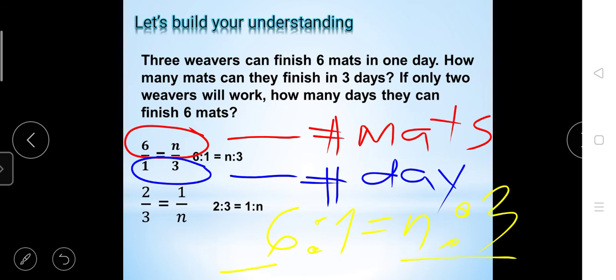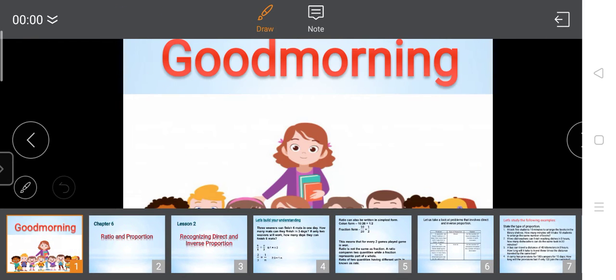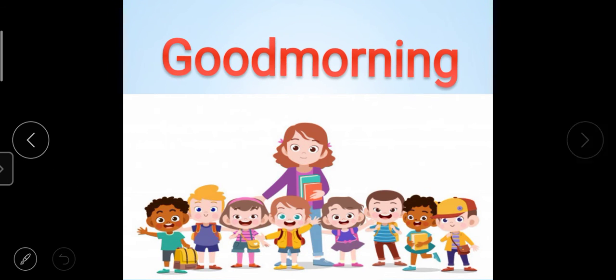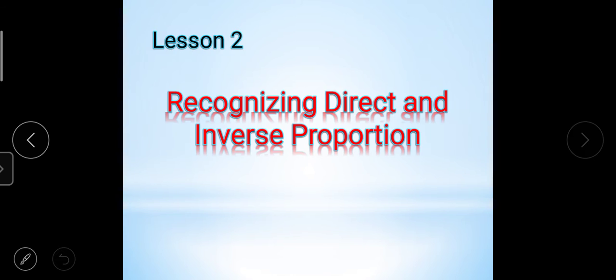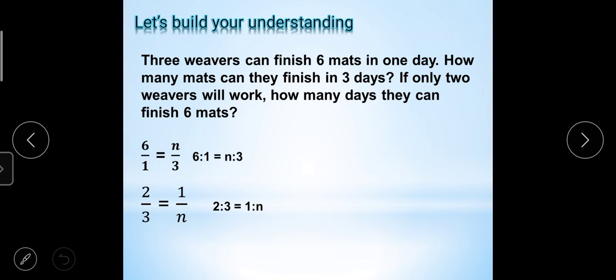Kung inuna nyong isulat yung number of mats, dapat dun sa pangalawang column form or proportion, ratio, is number of mats din yung nauuna. Okay? Okay. So, kapag nakaganto na siya, naka-proportion na siya, naisulat na natin.